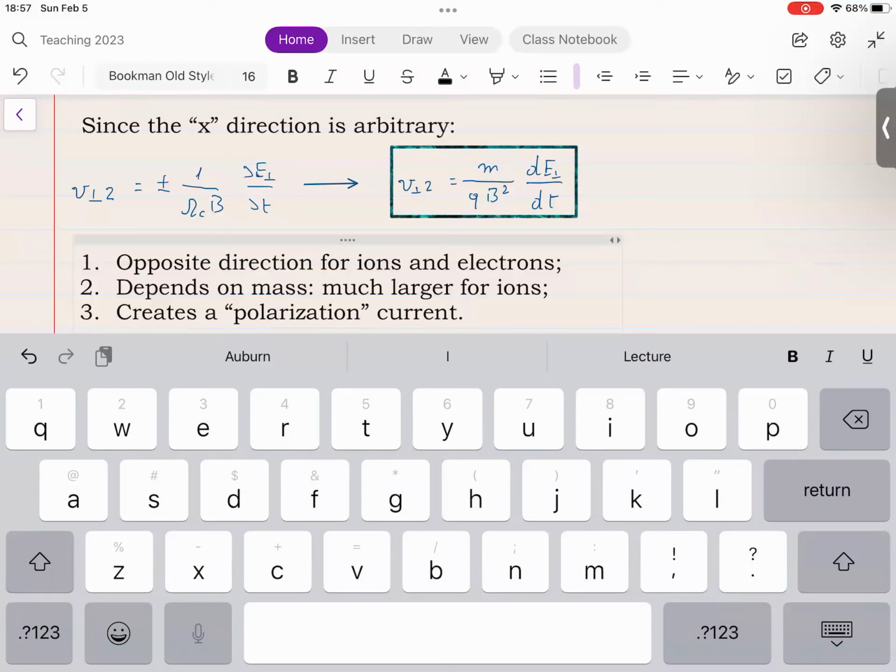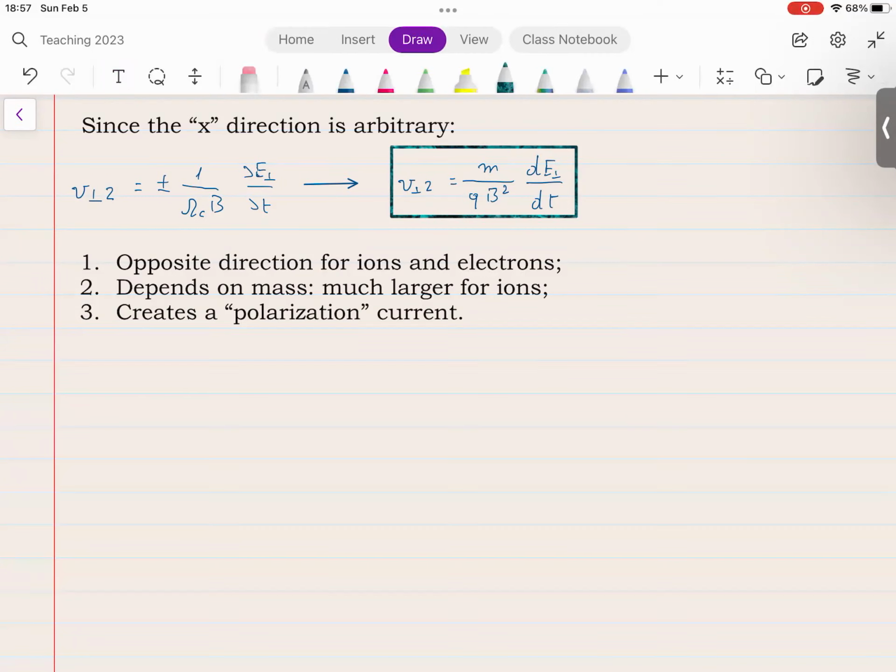Okay, that was a bit of work. It took us a good amount of time over a couple of lectures. But this gives us, again, one more idea, one more feeling for how complicated plasma physics can be.